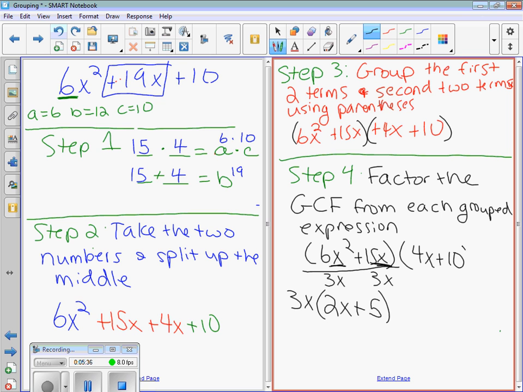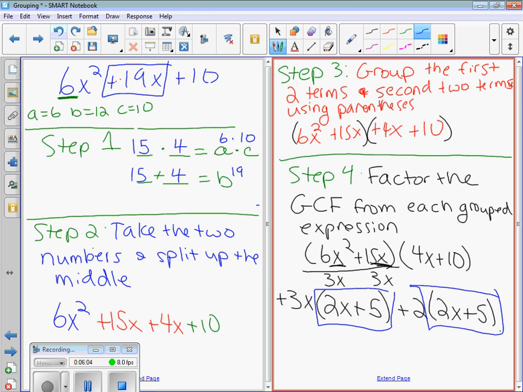Alright, same thing with the 4x plus 10. What can we factor out here? We can factor out a positive 2. Over here we have factored out a positive 3x. Factor out a positive 2 and you get 2x plus 5. You should notice the expression in the parentheses is the same in both of these.